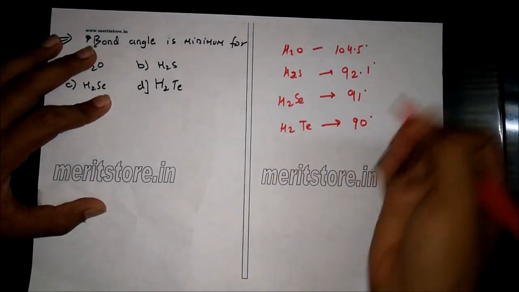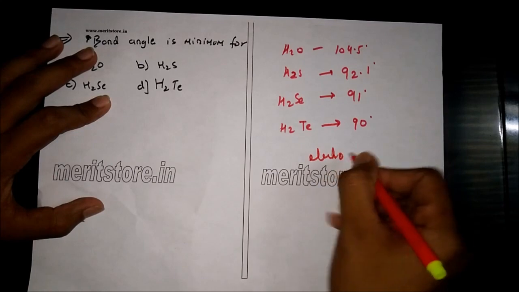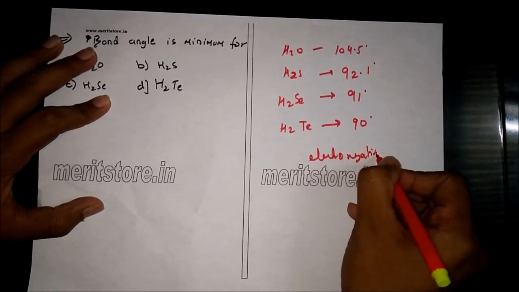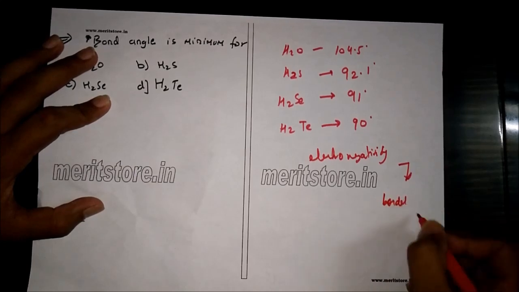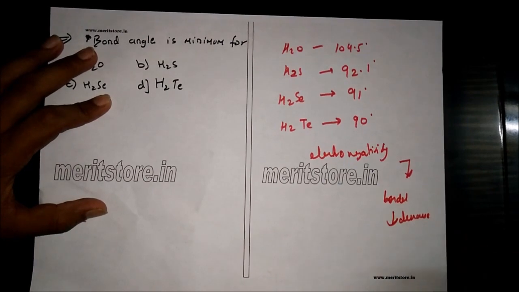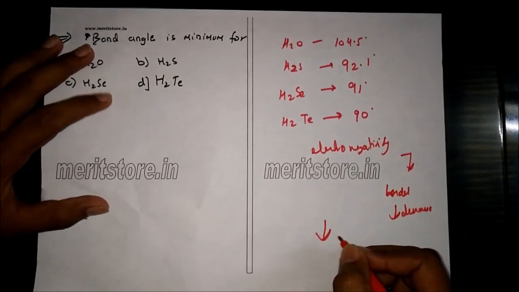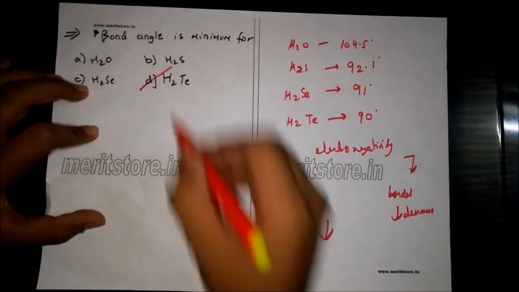Now, why is the bond angle decreasing? It is because as we go down the group, the electronegativity decreases, due to which the repulsion between the bonded pairs of electrons also decreases. Hence, the bond angle decreases. Therefore, H2Te has the lowest bond angle. Therefore, the correct answer is option D.